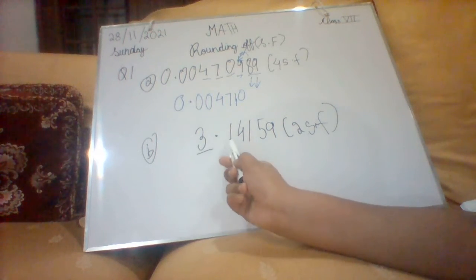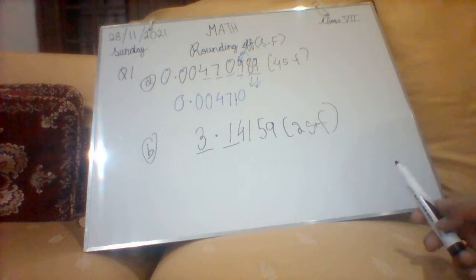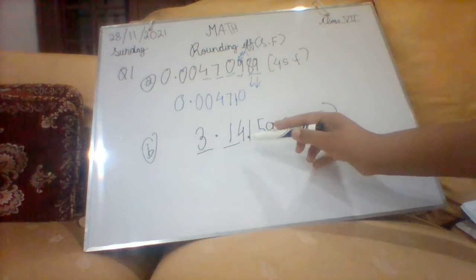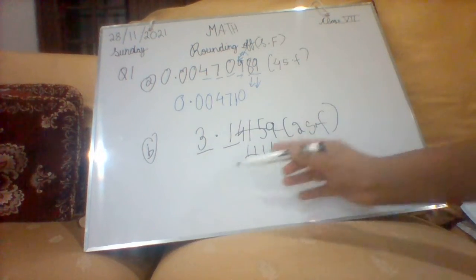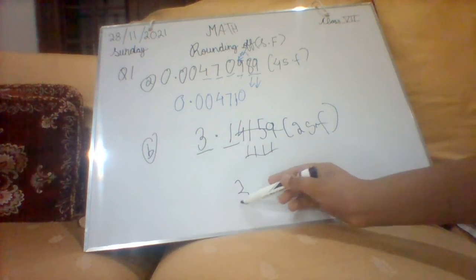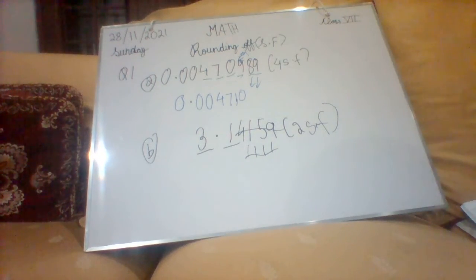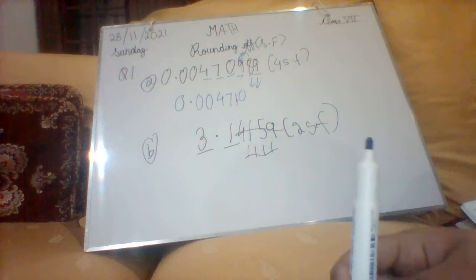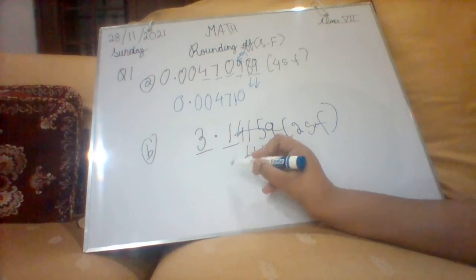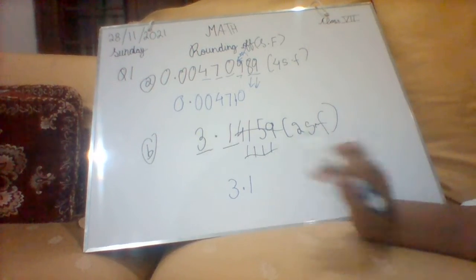We want 3 and 1. The next digit, 4, is small, so all the rest are dropped. Your answer is 3.1. Now it is 2 significant figures. You have to do all these markings with a blue pen, except the question.